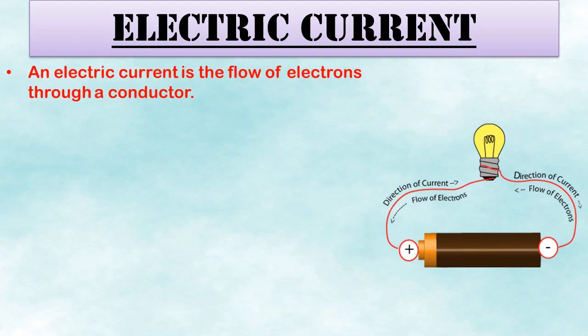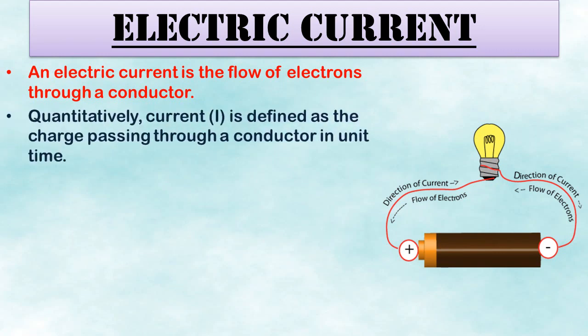When electricity is produced within the conductor, the bulb will start glowing. Electric current is the flow of electrons through the conductor. So when we connect a metallic wire through a cell, or make a proper circuit, an electric current is produced by the flowing of electrons through the conductor.